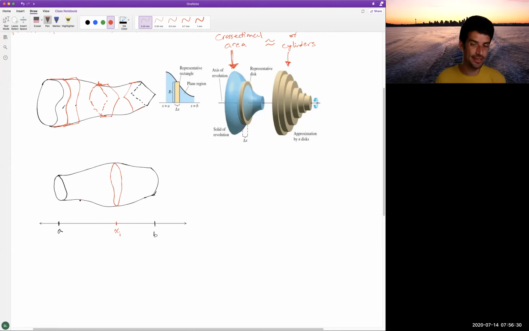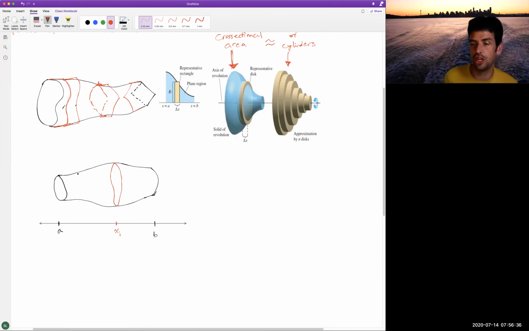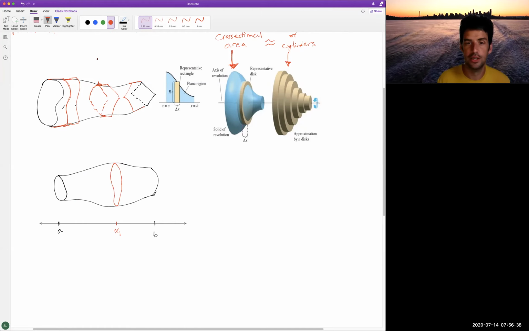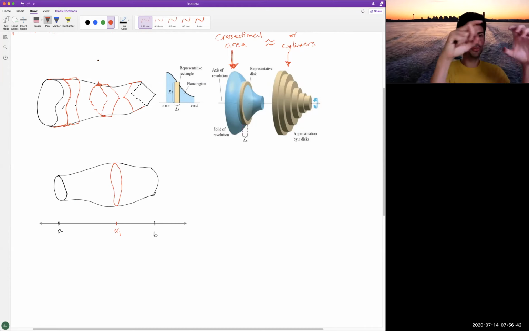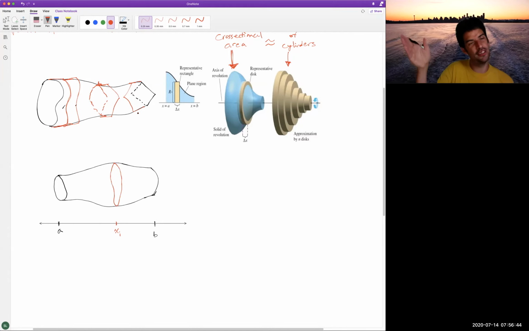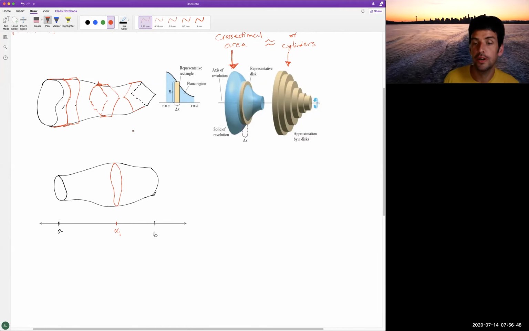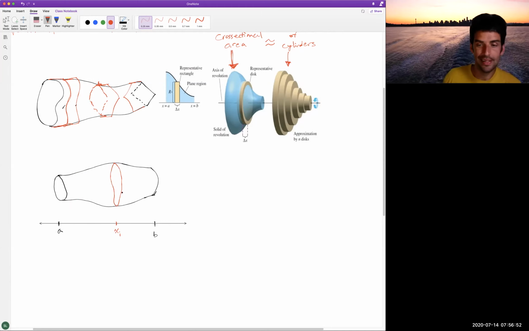If I sliced it somewhere else, there would be a different area. So I'm imagining a three-dimensional object and slicing it vertically. If you sliced an apple in half, you can imagine two lobes of the apple. If you sliced it near the edge, you get something closer to a circle, but much smaller. Depending on where you slice it, you get different shapes. This is what I mean by the cross-sectional area. At each place, there's a different area.